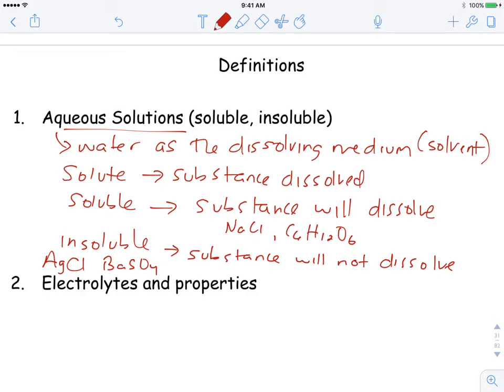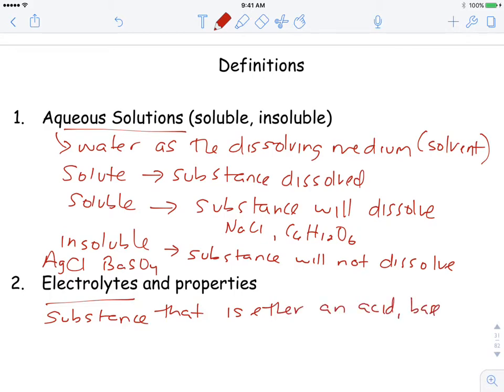So two terms that are really important are electrolytes and what their properties are. And so an electrolyte, if I were to define this, is a substance that is either an acid, a base, or a salt.